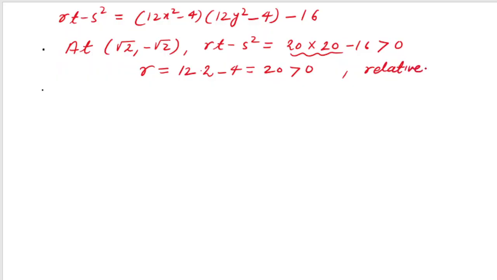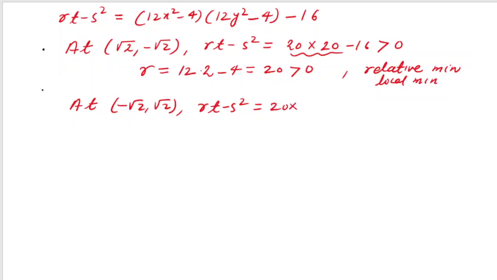Relative minimum or local minimum, because some of you may think that I am using the term relative only, not local. Okay, now the next thing we are going to calculate at minus under root 2 comma under root 2. So this point will give me rt minus s square. Again, 20 into 20, 20 minus 16.